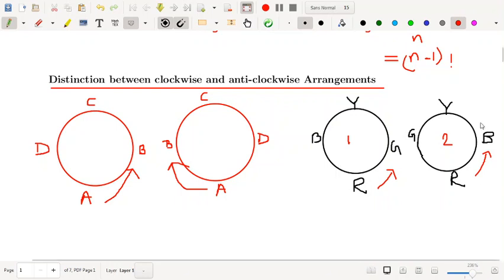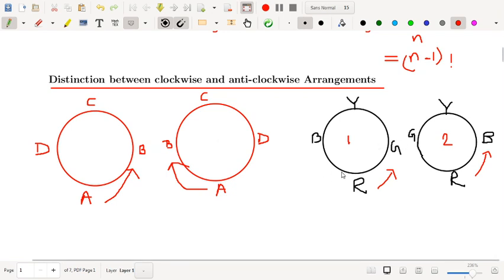But if you see from the other side of the garland, then you see blue on the right and green on the left. So the flowers are not changing the order, but the side of observation is changing. In this case, your order of placement is changing. So these two changes are different, but these two changes are same.